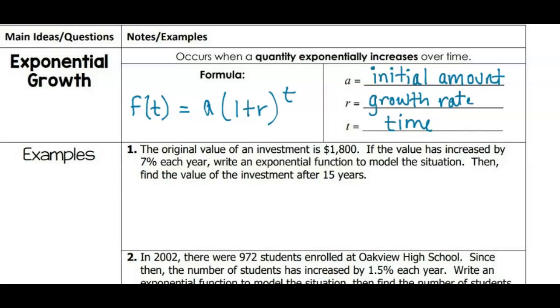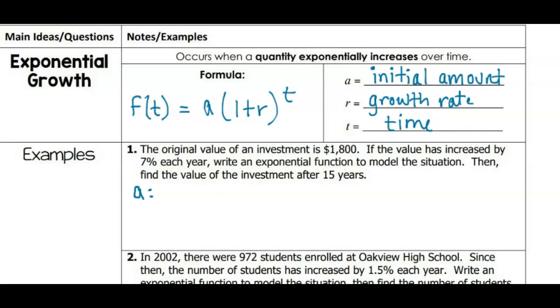So if we look at the first example, notice that they say that we have an original investment of $1,800. We're going to increase that by 7% a year. So we want to write an exponential model for the situation and then find out what the investment is after 15 years. So the good way to start this out is just to think, okay, what are the key components?